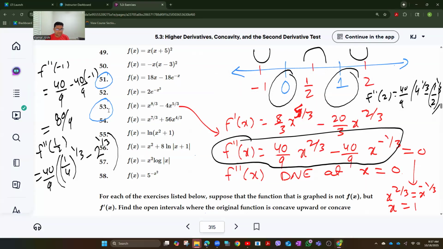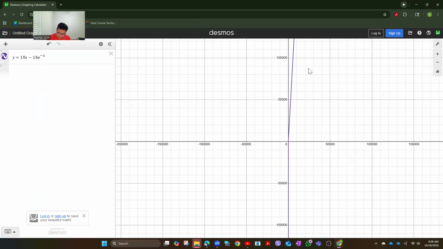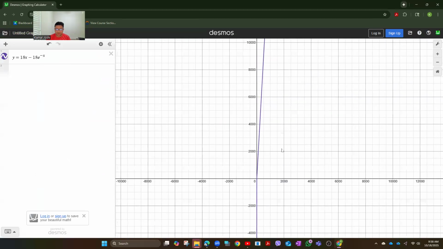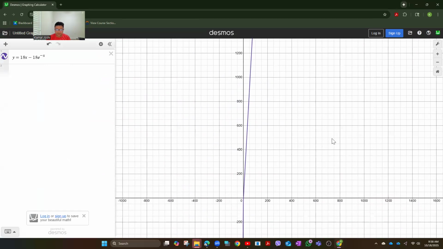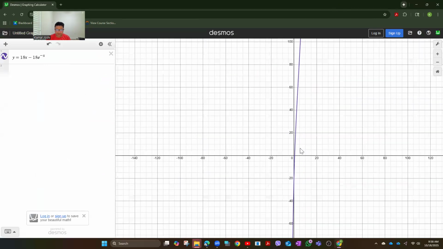Let us graph it. What was the function? x to the 8/3 minus 4 times x to the 5/3. I have to erase what I have here and go back to a regular scale. I think I zoomed out too much earlier. Zoomed in too much.